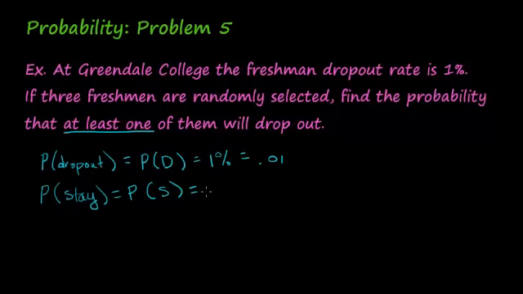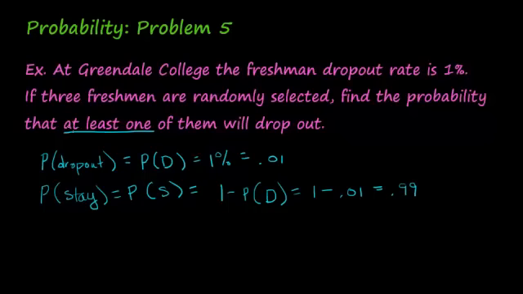So the probability that a freshman would stay would be 1 minus the probability that a freshman would drop out. So that would be 1 minus 0.01, or 0.99. So the probability that any randomly selected freshman will be on campus the next year is 0.99.